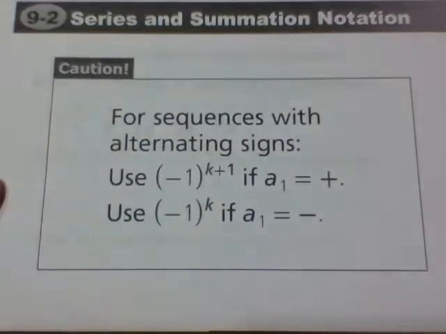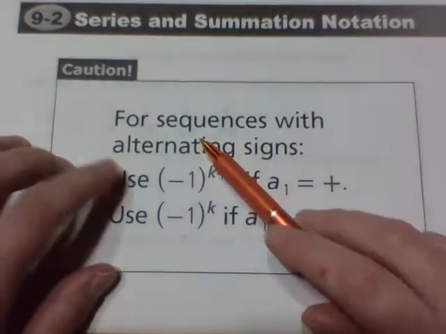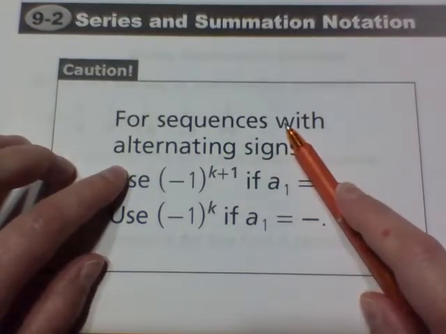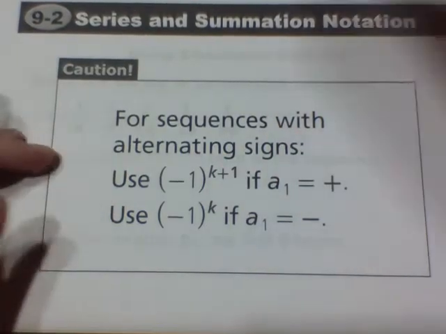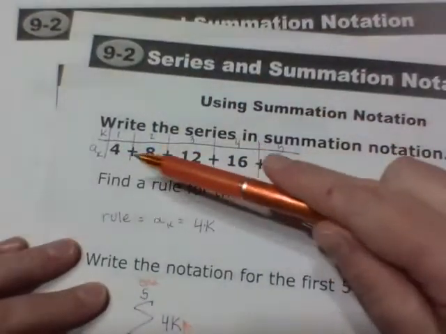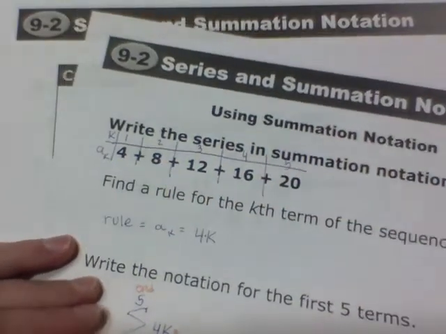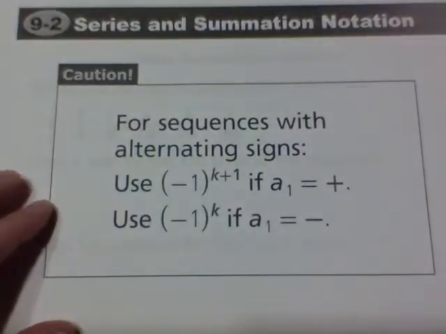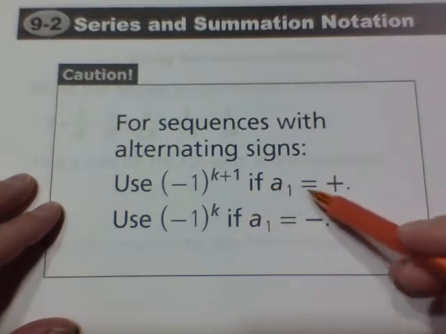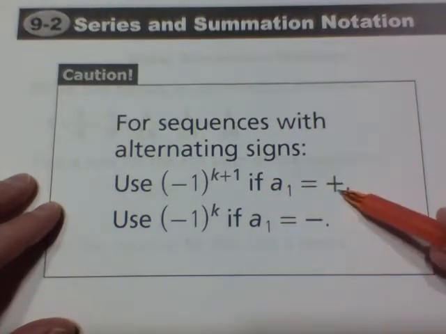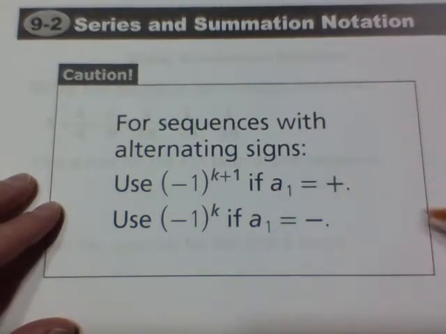All right. So what happens is there may be a sequence where all of a sudden, instead of saying 4 plus 8 plus 12 plus, instead of having all pluses, perhaps you're going to have a first term that's positive, but then a second term that's negative, and then a third term that's positive, and then negative.